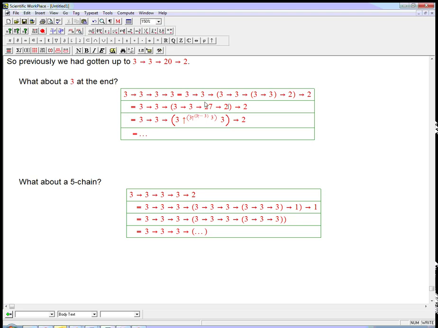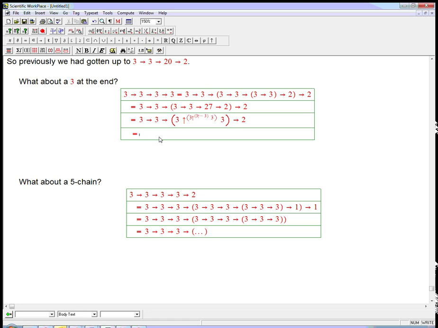It's going to be a nested tower. I've got a dot, dot, dot in here. It's do this 3 up arrow, 3 up arrow, 3 up arrow, 3 up arrow, 27 times. Put 27, I guess there's probably 26 up arrows in here, but 27 3s on the left-hand side. Do that iteration just to get this in parentheses. Then that is the iteration parameter for how many times you do it again.